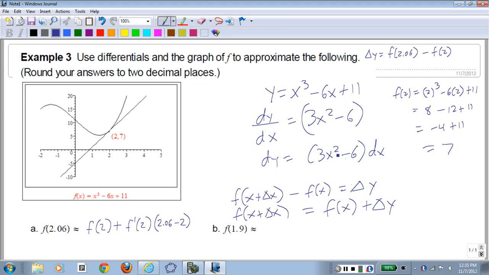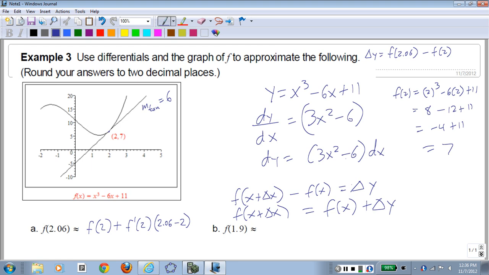Let's see, what would that be? 3 times 2 squared, 3 times 4 is 12, and 12 minus 6 is 6. So m sub tan equals 6. The slope of the tangent line is 6.